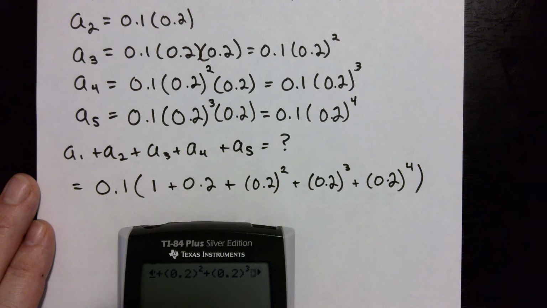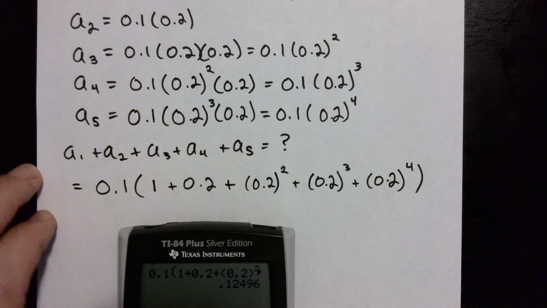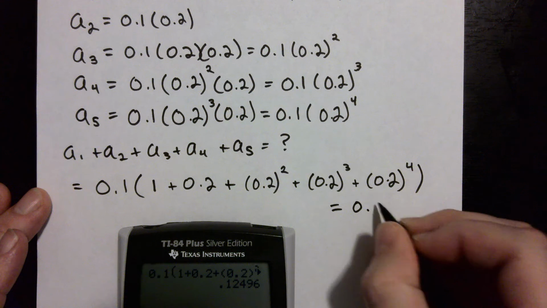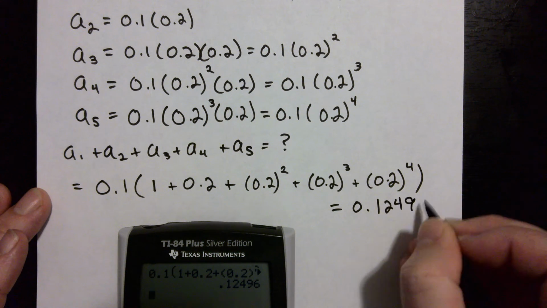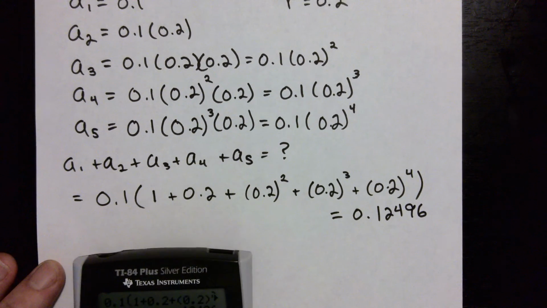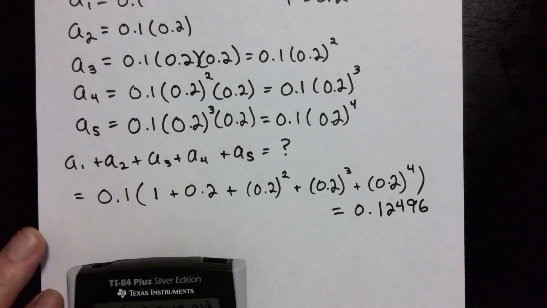Then plus parentheses 0.2 to the fourth. Close the parentheses, and we get our answer, which is equal to 0.12496. The other way you could do this is by finding the answer to each term and then adding them up.